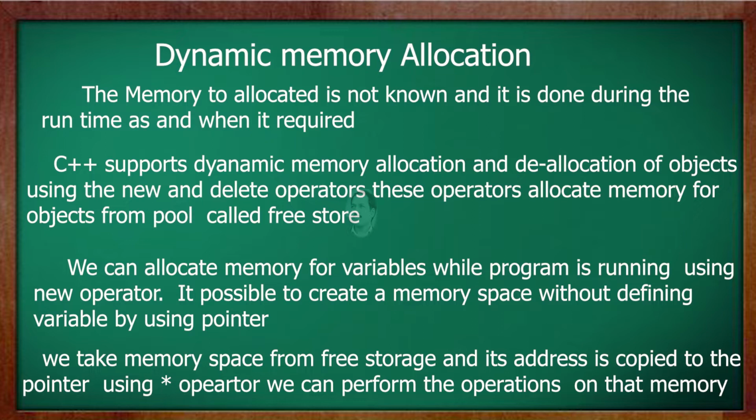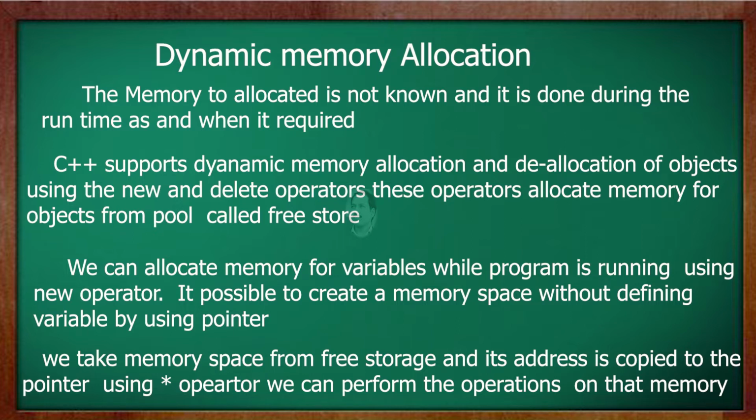It is possible to create a memory space without defining a variable. That is possible by using pointers. We can make a memory space from the free store and copy its address to the pointer. Using the pointer indirect operator, we can perform all the operations on that memory storage.